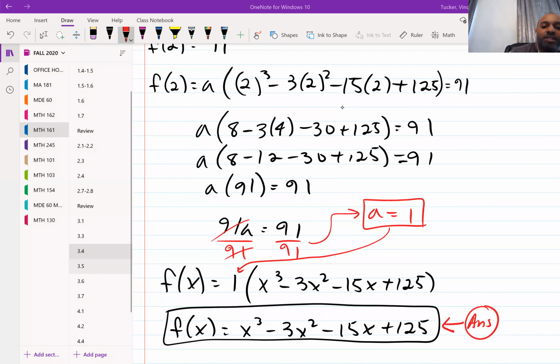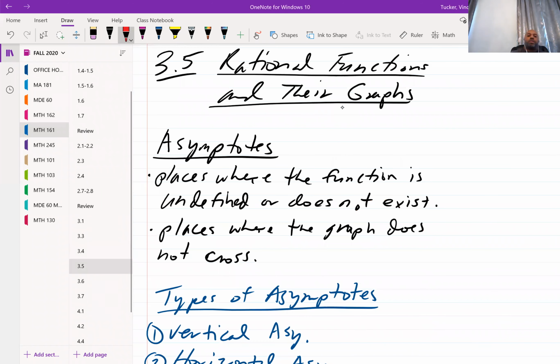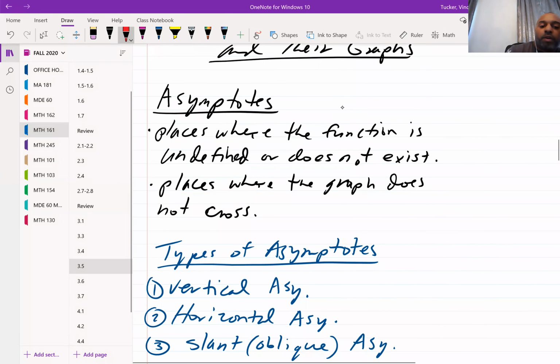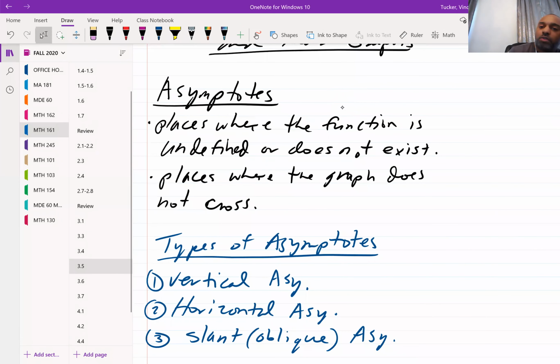All right, sounds good. So looking at asymptotes, these are places where the function is undefined or does not exist, or in other words, places where the graph does not cross. First type we've already done before, we just didn't call them asymptotes. We have three types. We have vertical asymptotes, horizontal asymptotes, and slant asymptotes.